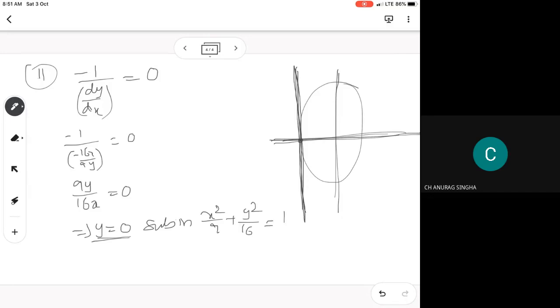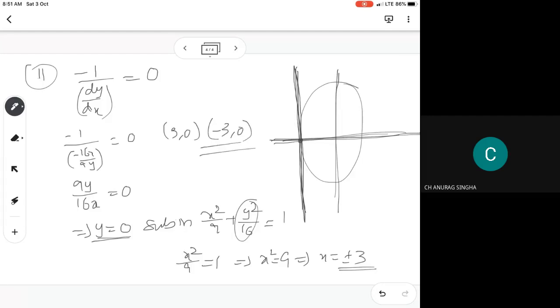The y term becomes completely 0, so x square by 9 is equal to 1. This implies x square is equal to 9, so x is equal to plus or minus 3. So the points are (3, 0) and (minus 3, 0).